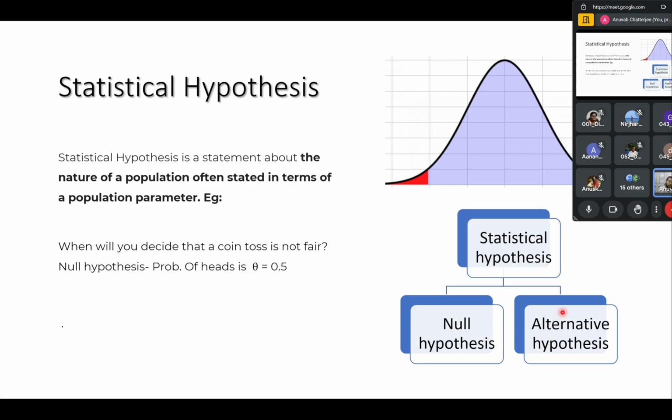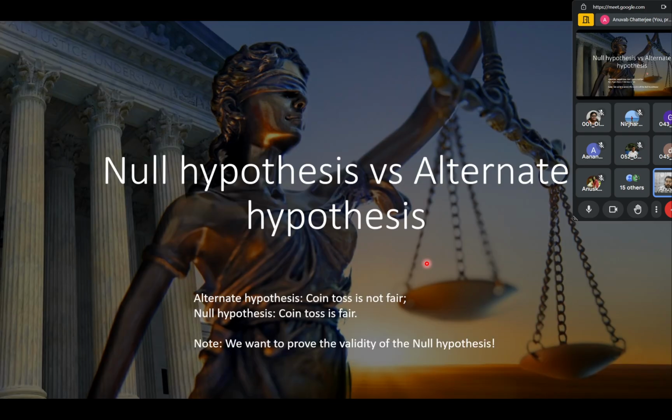You do not right off the bat say, this is my hypothesis, I am going to prove it. That is not how it works. You have a null hypothesis which is completely opposite to your alternate hypothesis, and then you reject the null hypothesis. So the entire point is that it is a null hypothesis versus an alternate hypothesis.